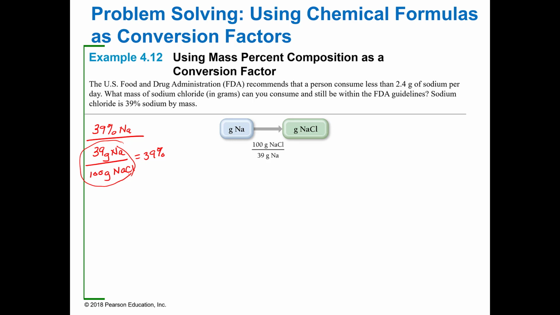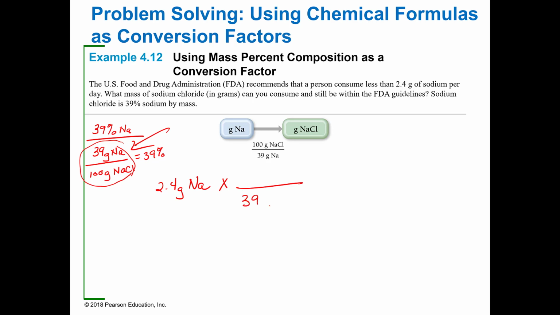All right, so I have 2.4 grams of sodium, and it's telling me that I should consume less than that a day, and we all know we consume a whole lot more than that, which is not good for us. But with 2.4 grams of sodium, how much sodium chloride could I consume and get that amount of sodium? So I've got grams of sodium. Over here I've got something with grams of sodium in it.